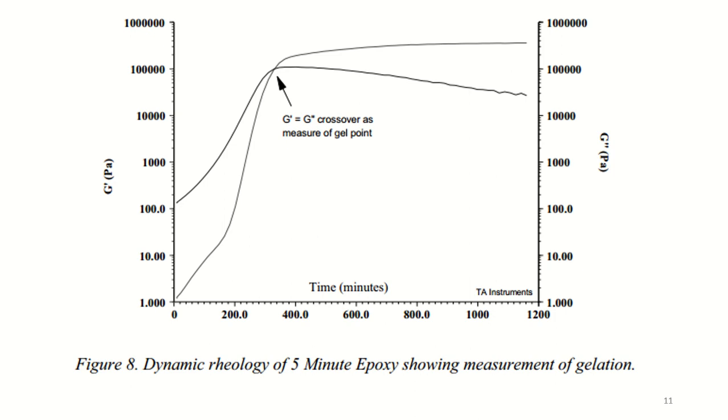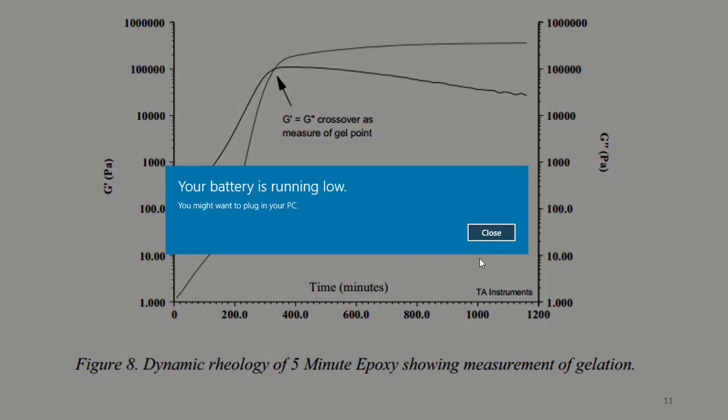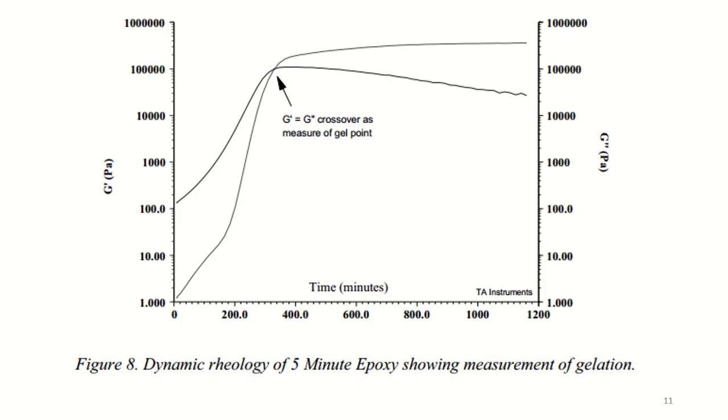It causes a dramatic slowing of the rate of cure as a result of a shift in the reaction from chemical control to diffusion control. Vitrification is mechanically observable as a large increase in modulus and frequency dependence, and as frequency dependent loss peaks.